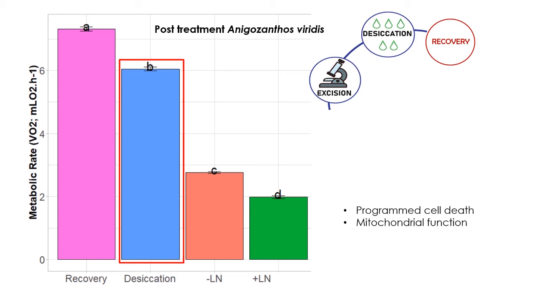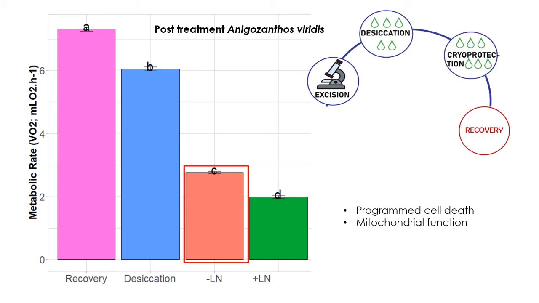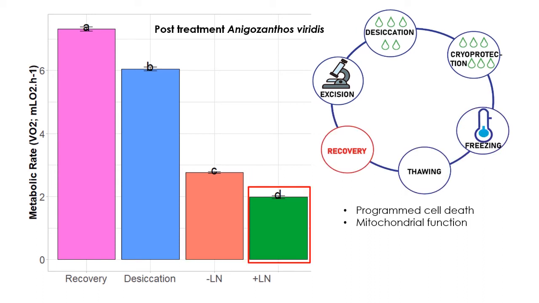Then shoot tips that have been exposed to cryoprotectants but not liquid nitrogen. And lastly, shoot tips that have been exposed to the whole cryopreservation process. So as you can see, as the amount of stress increases from left to right along the cryo process, the metabolic rate drops each time.